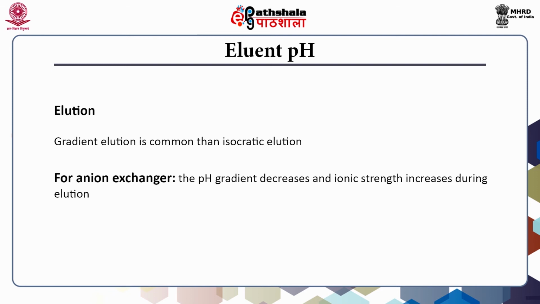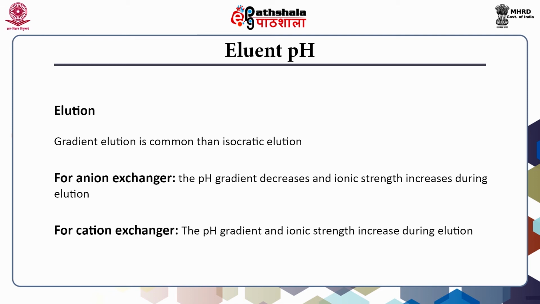So basically here the anionic state of the protein will be decreased, so that they can be easily displaced by other anions present in the sample buffer, which are generally chloride ions.